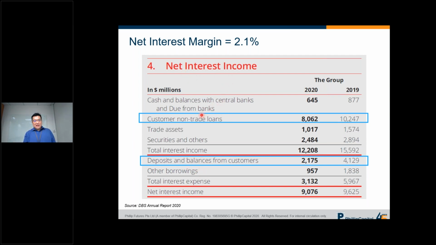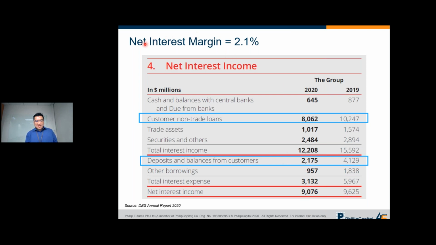Under net interest income, you have the loans portion, from which they collect the interest, and that will total up to the total interest income. And you have the depositors to whom the bank needs to pay the interest, and that will equate to the total interest expense. So net interest income is basically total interest income minus total interest expense, and that is the income that the bank received.